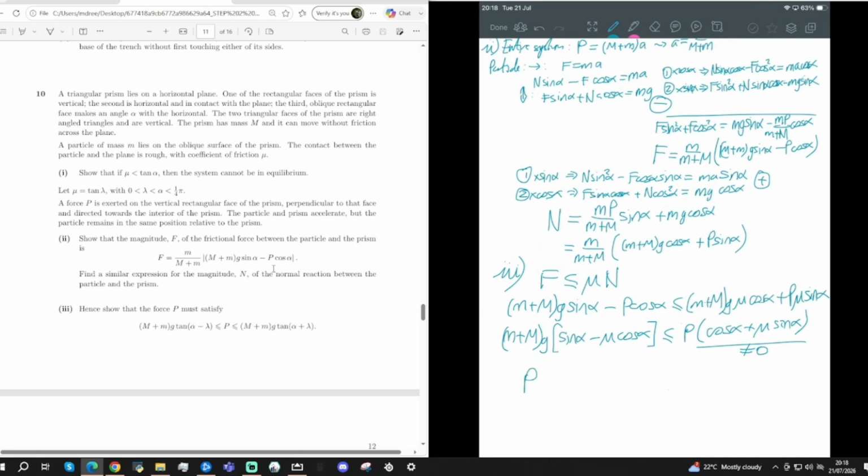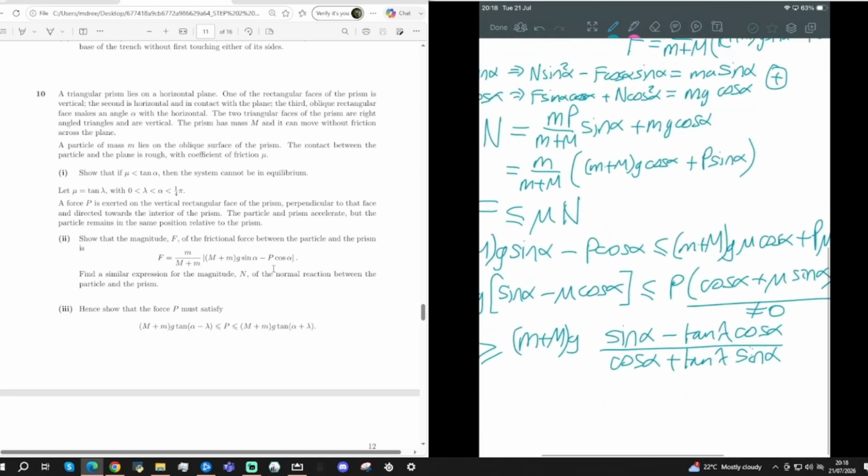So P therefore is going to be greater than or equal to (m plus M) g times (sin alpha minus, I'm going to put this back in as tan lambda, as we've been told that's what it is, mu cos alpha) over (cos alpha plus, even after saying that I didn't do it for that second one, mu sin alpha).